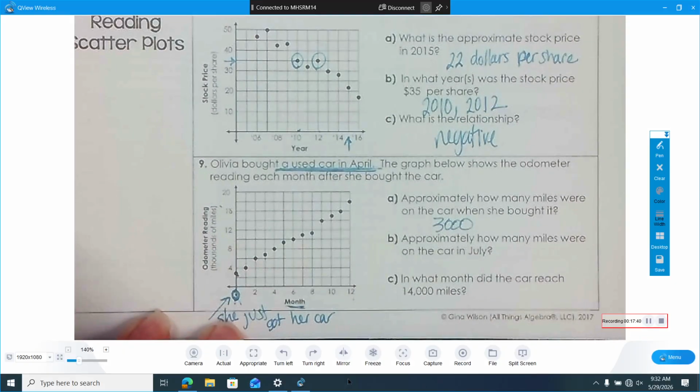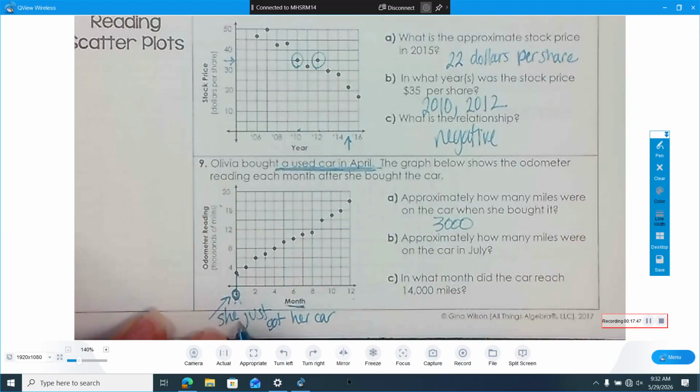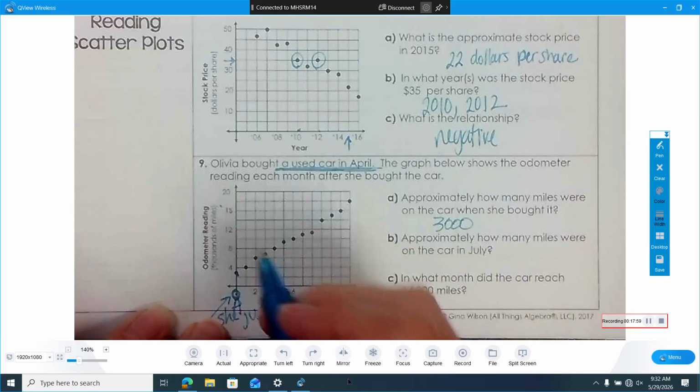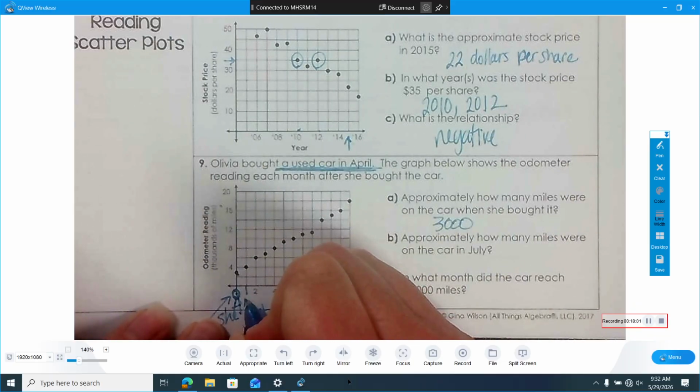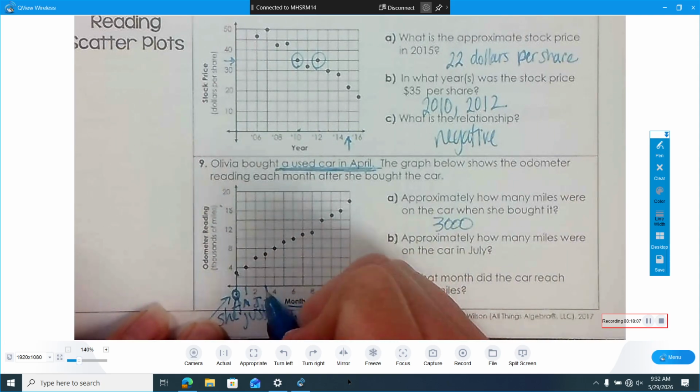Piper, she bought the car in April. So right here, she just got her car. It's April when she bought her car. So that's April. The next month would be May, and then June, and then July would be right there.